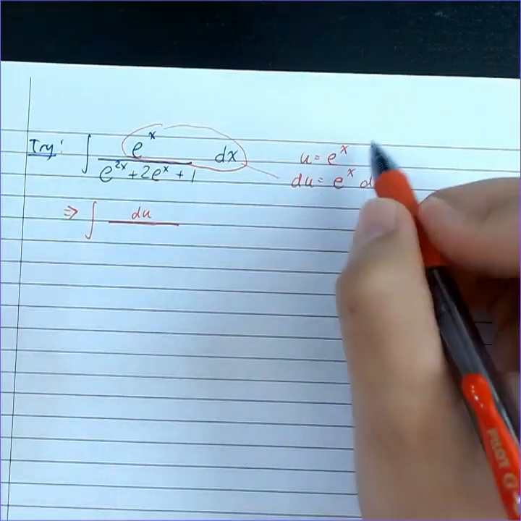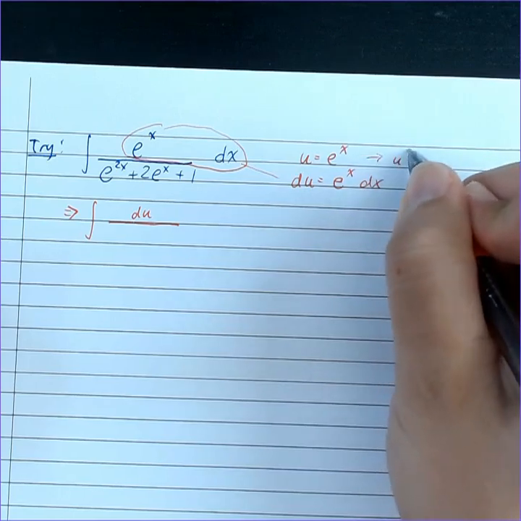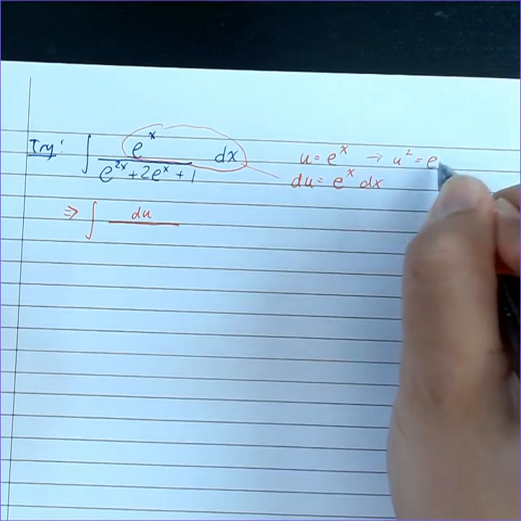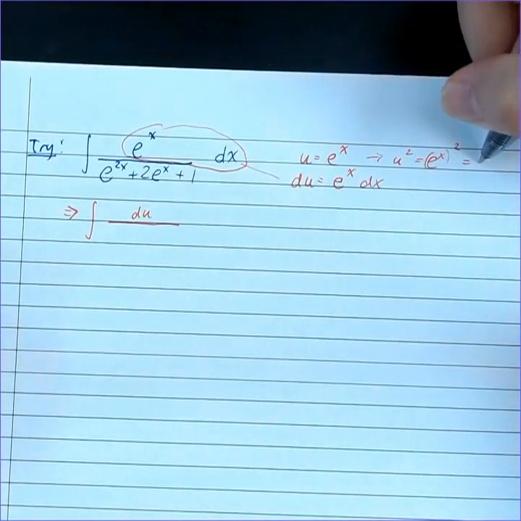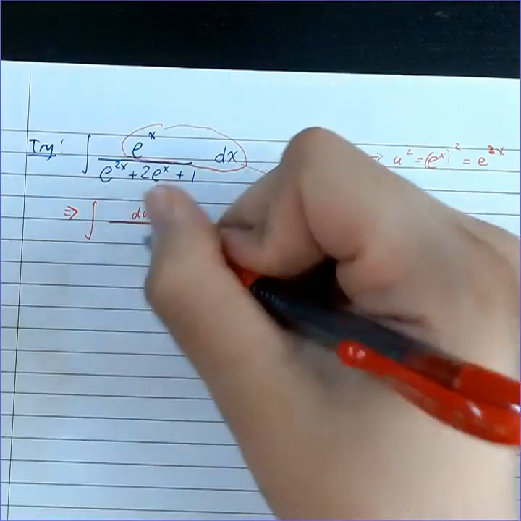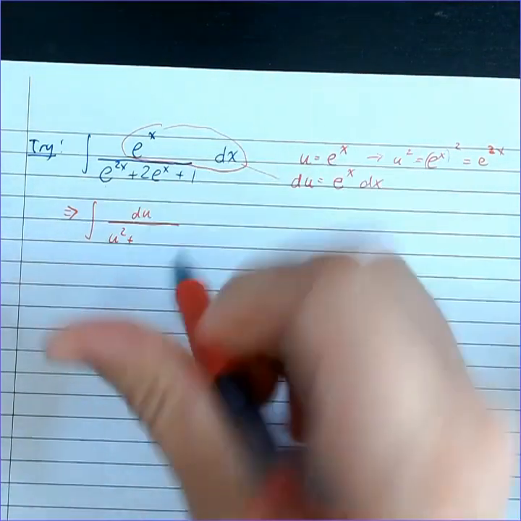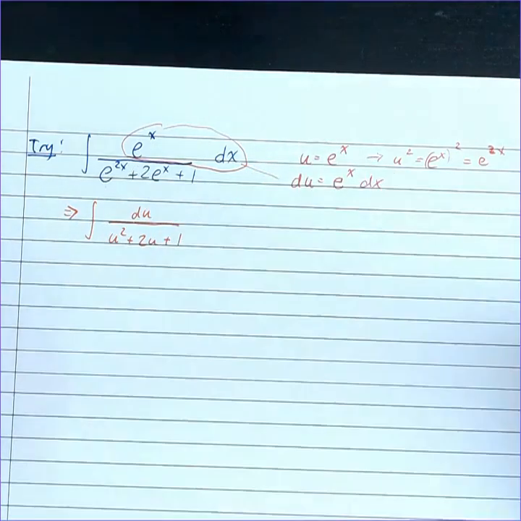All right. Notice that if u is equal to e to the x, that means that u squared equals e to the x quantity squared, which is the same thing as saying e to the 2x. So here, that e to the 2x is u squared plus 2 times u plus 1.